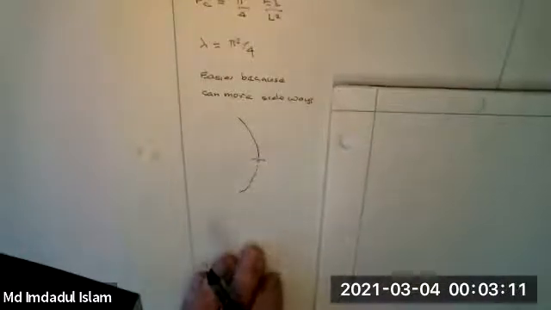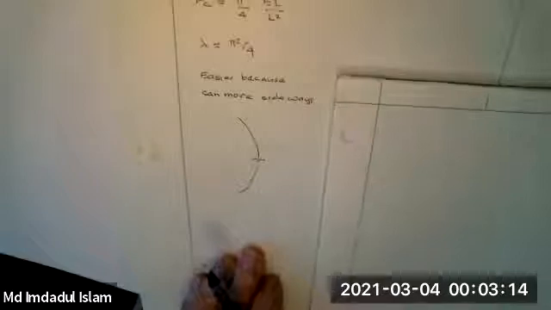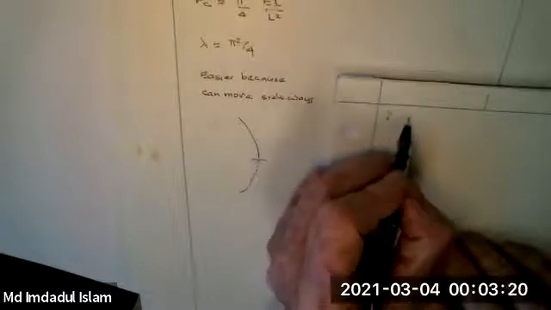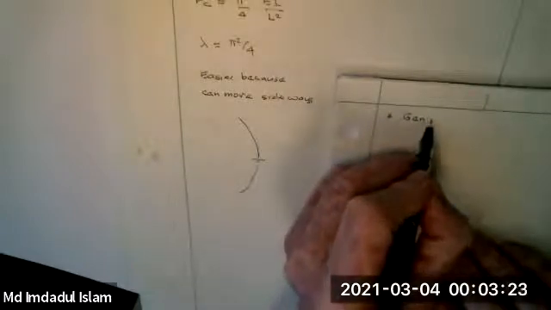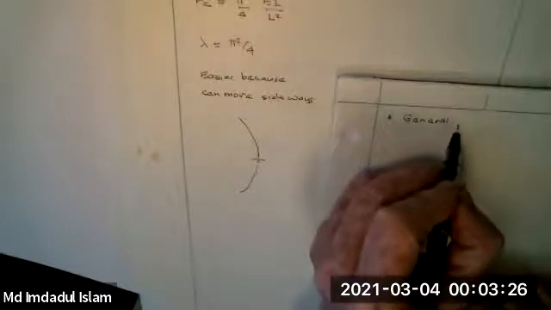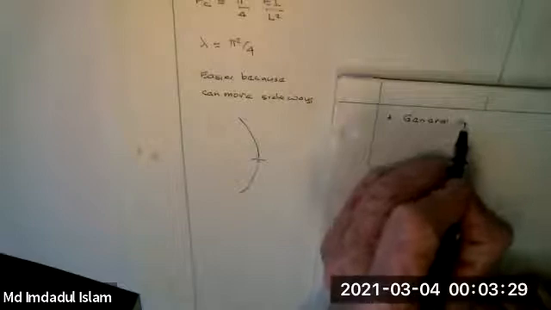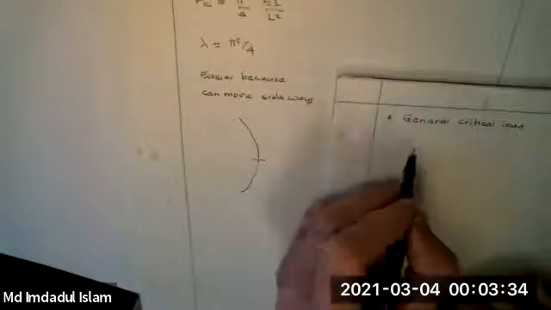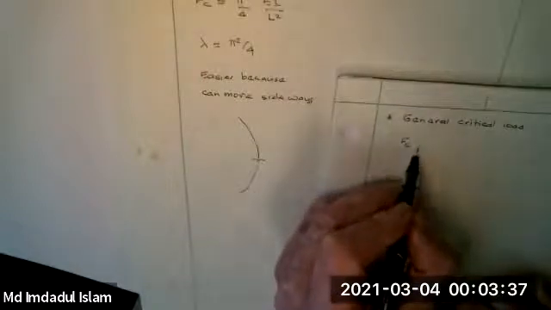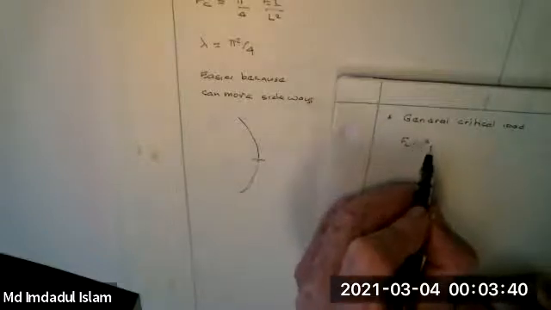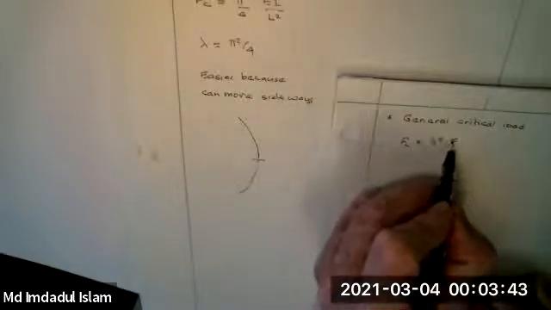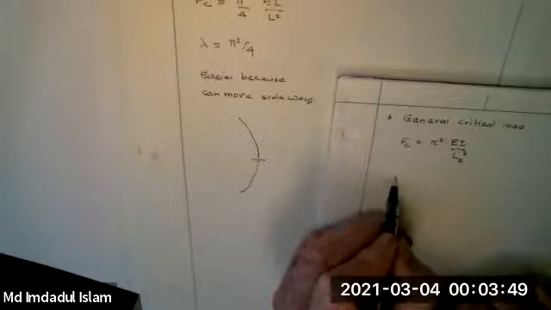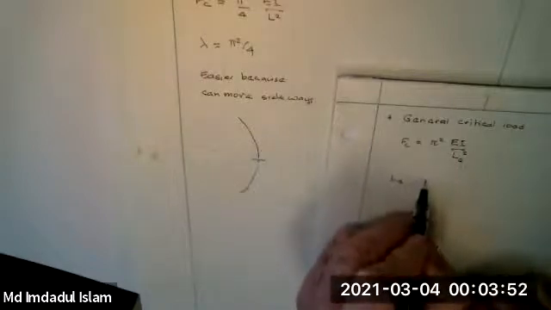These are theoretical critical loads, and they work reasonably well for the sort of beams we do in engineering. Okay, not the ruler so much. And they can all be expressed with this general critical load, in which case FC, LE here is the effective length.